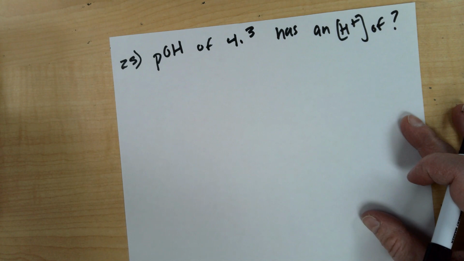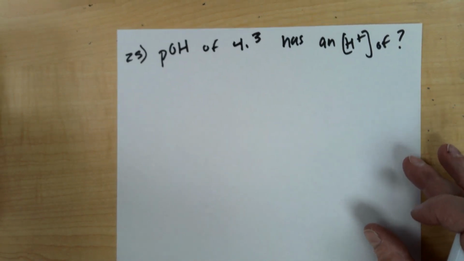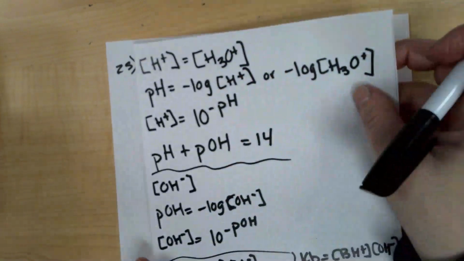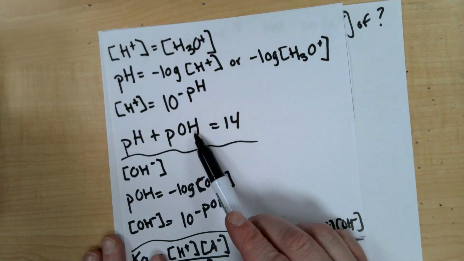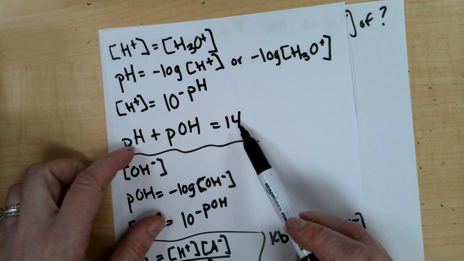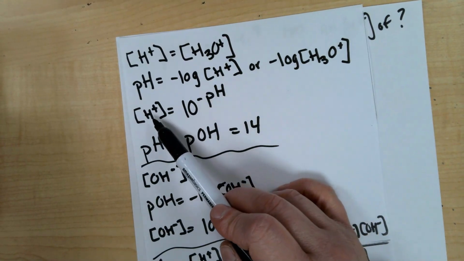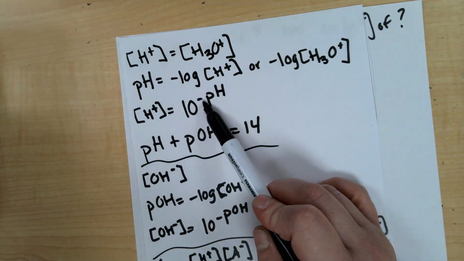So if we have pOH, what's our connection to H plus? Well, we have to look at our formula sheet, because the answer to all these is kind of hidden somewhere in here. If we have the pOH, we can get the pH from this equation here. And once we have the pH, we can get the H plus concentration, which the problem is asking for, if we do 10 to the minus pH.